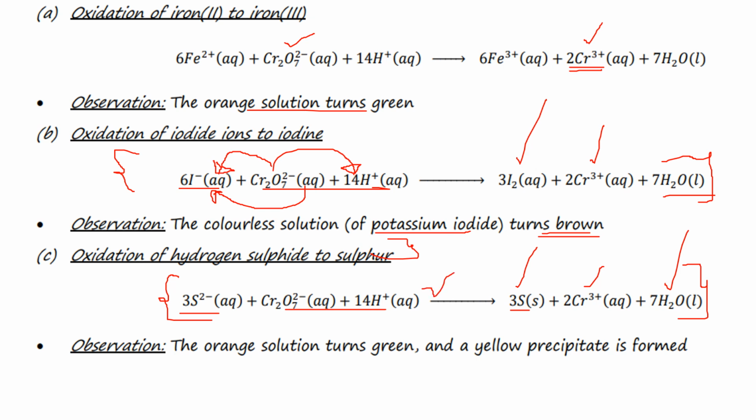Going to the observation here, it is going to be for the dichromate, because in this case we are pouring hydrogen sulfide into acidified dichromate. So we're going to say that the orange solution turns green, and also a yellow precipitate is formed. Notice that in chemistry we do not want any word concerning deposit.